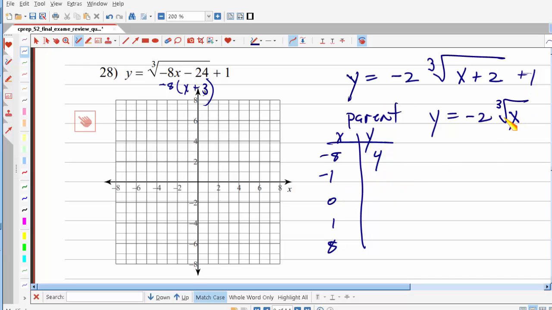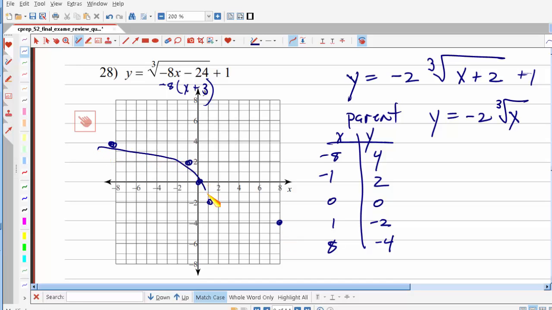The cube root of -1 is -1, I get 2. 0, let's see, -2, and -4. Okay, so let me graph those points: -8, 4; -1, 2; 0, 0; 1, -2; and 8, -4.